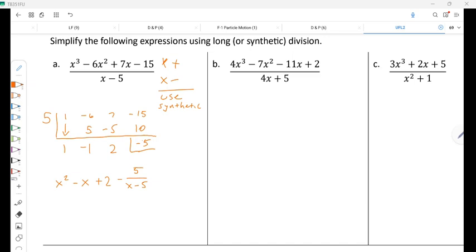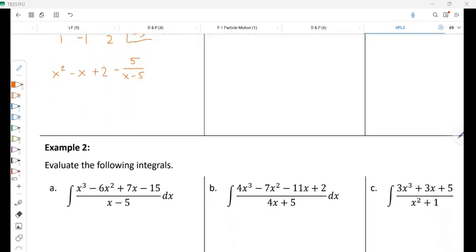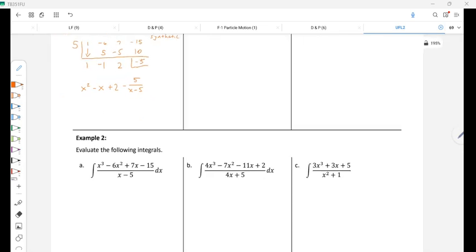This is a linear shift of 5 over x. That might not be the most accurate statement in the world, but for the way we think about things, this is a horizontal shift of 5 over x, so it works just like 5 over x for the way that we think about it. Okay, so let's go down to letter A and actually integrate that thing.